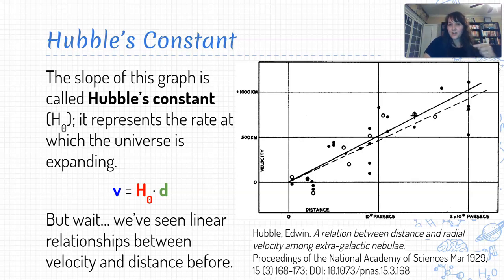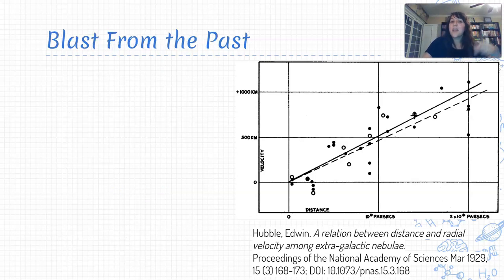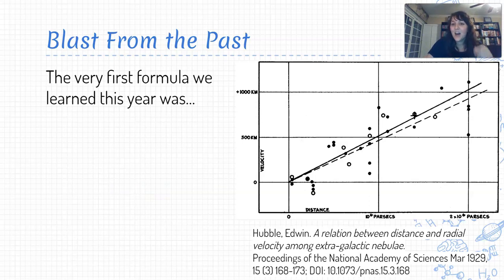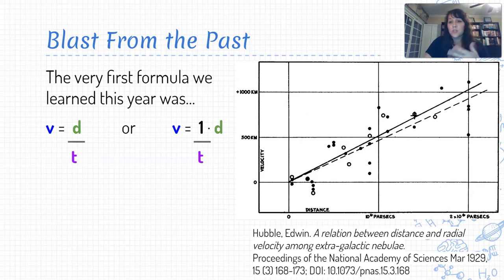If we rewind way back to the beginning of the year, the very first physics formula we talked about was velocity is equal to displacement or distance, if things are just moving in one direction, over time.